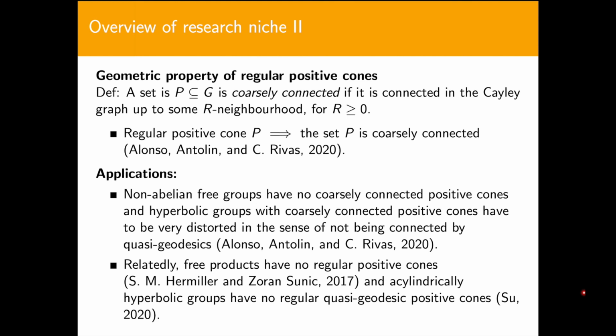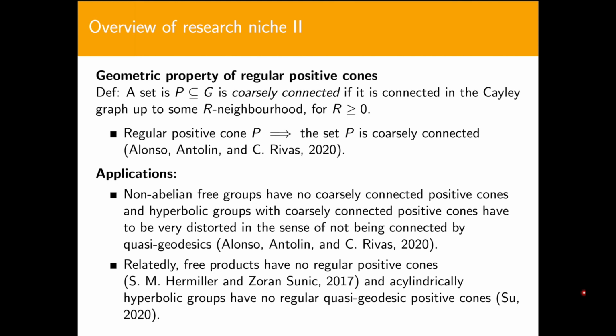Now, relatedly, free products, which are sort of a generalization of free groups, have no regular positive cones. So that's a weaker statement than saying no coarsely connected positive cones, but on a bigger set. And this is a result of Hermiller and Šunić.